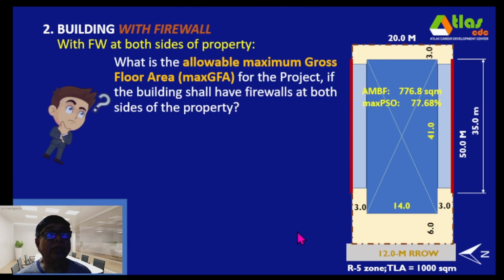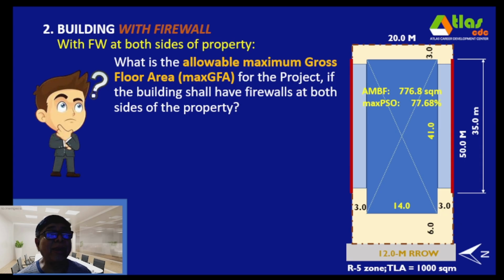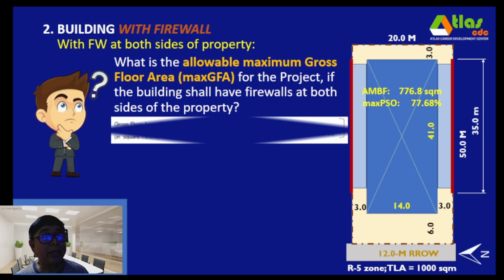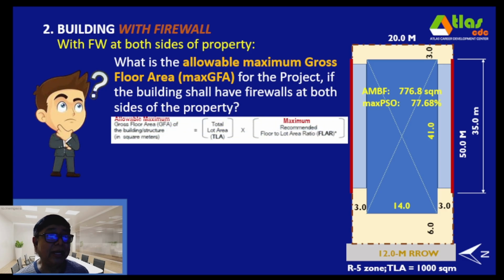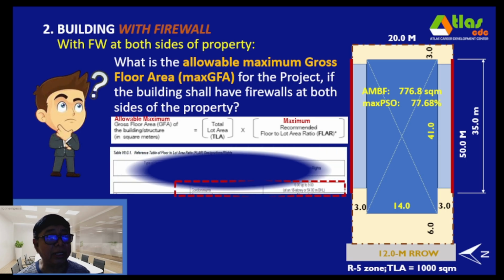So now we go to the maximum GFA, allowable maximum gross floor area for the project if the building shall have firewalls at both sides of the property. Our formula again is our maximum GFA will be our TLA times the maximum recommended floor to lot area ratio.